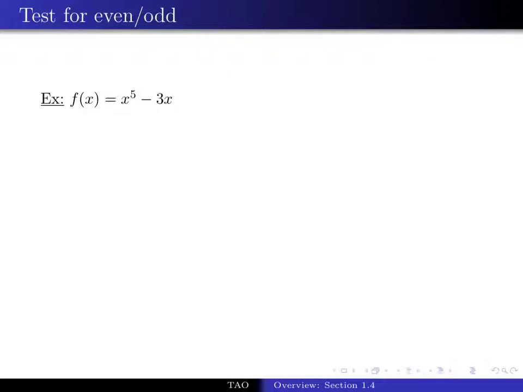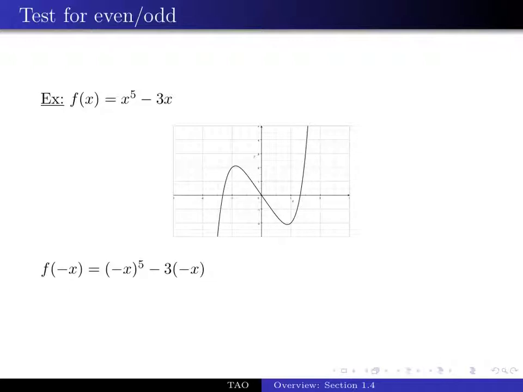Well, let's look at f of x equals x to the fifth minus 3x. This thing has just odd powers of x, so we should think this should be odd. If we look at the graph of this thing, if we flip it both left and right, and up and down, if we do both of those reflections, it looks like it'll get back to itself, right?